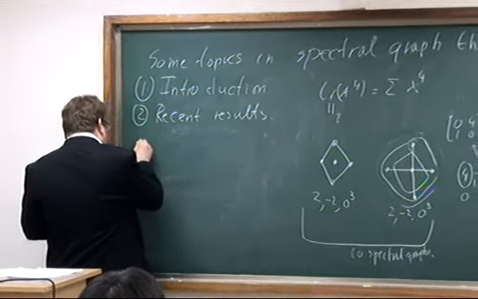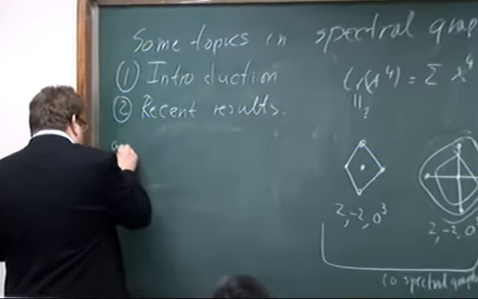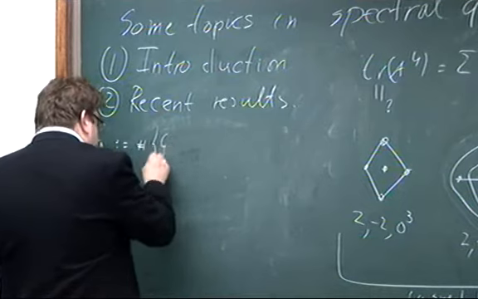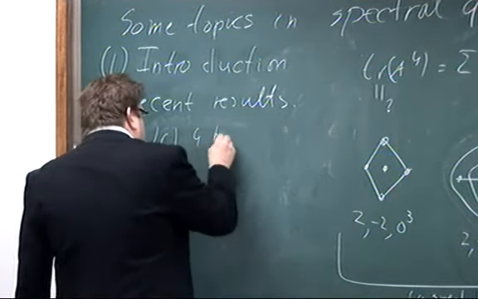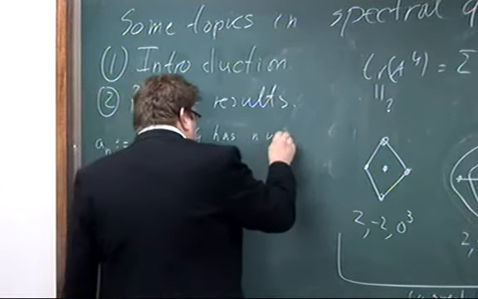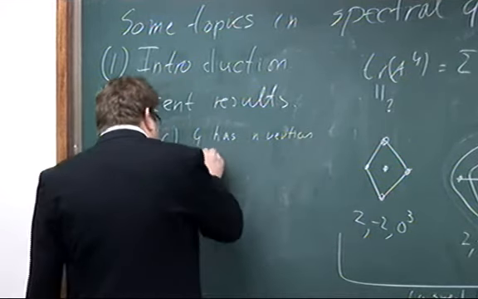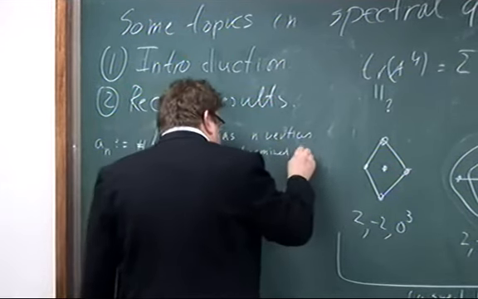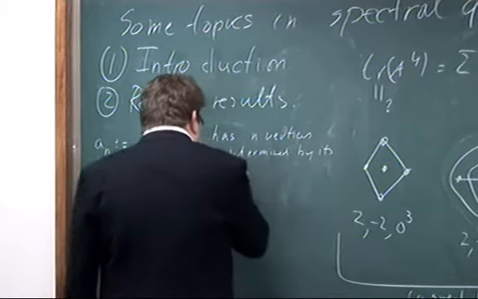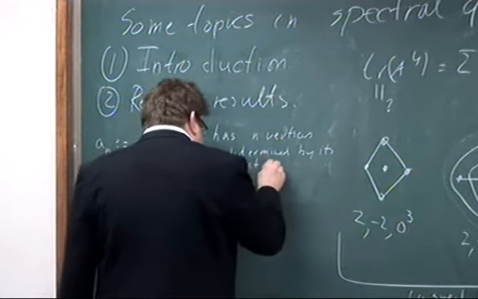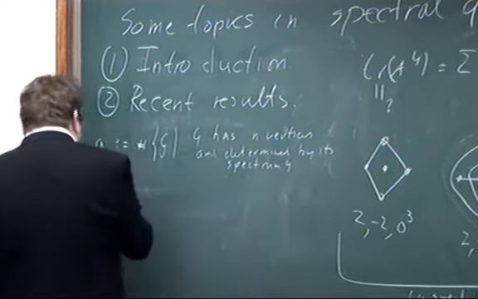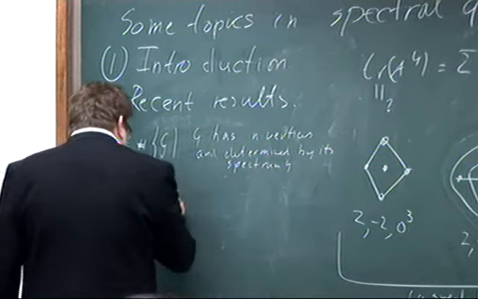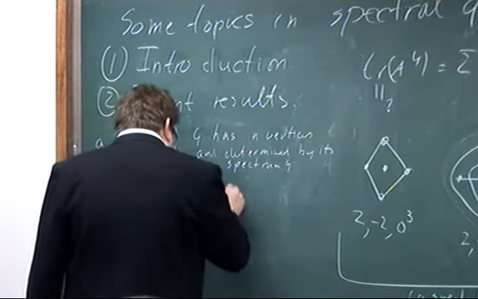Let An be the number of graphs G on n vertices that are determined by their spectrum, and let Cn be the number of graphs on n vertices.